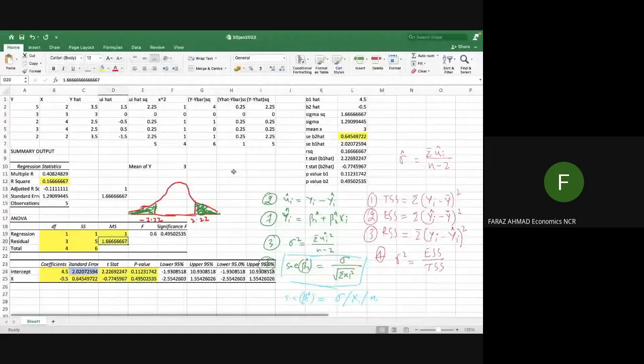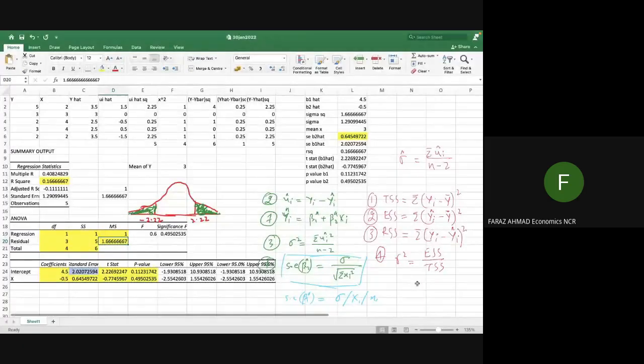Now we can use these mean sum of squares because if you remember, we talked about r squared, and r squared was ESS divided by TSS, right? Now, if we take that ratio, not ESS divided by TSS, but if we take ESS divided by RSS, right?